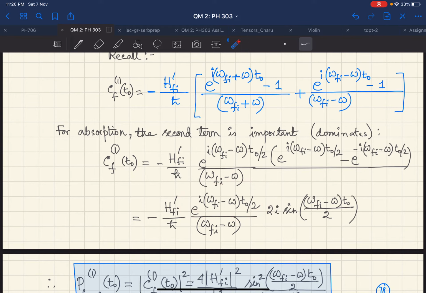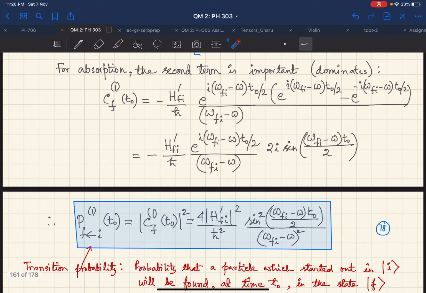And you know the probability of transition from i to f, when the perturbation is being applied for a time t_0, is nothing but the mod square of this c_f^(1)(t_0), and since this is a phase, this will no longer be there, so I will have this 2 give me 4 mod H'_fi square by ħ square, and then sine square of this thing divided by (ω_fi minus ω) whole square.